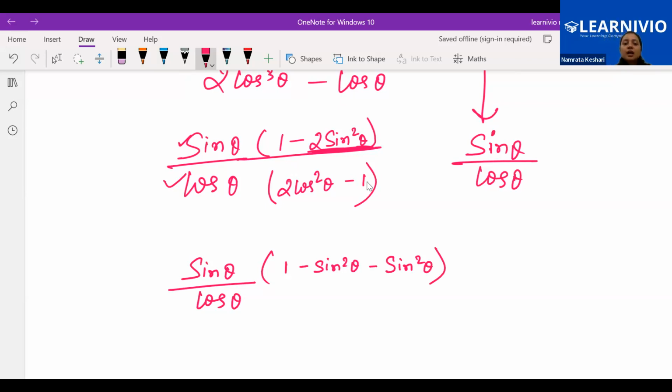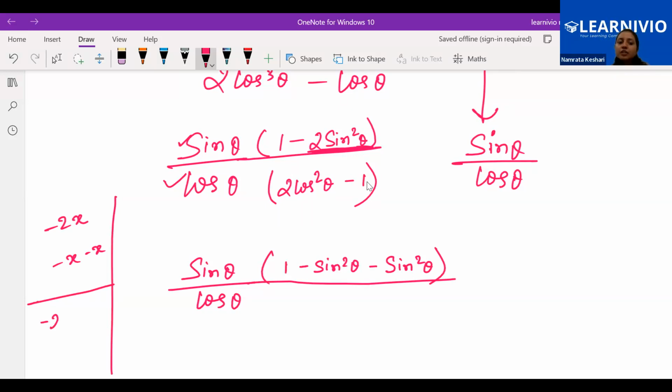Yes. Also, minus 2x can be written as minus x minus x, right? Similarly, minus 2 sine square theta can be written as minus sine square theta minus sine square theta.